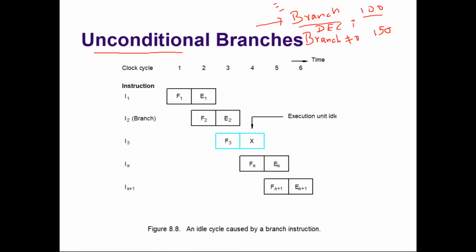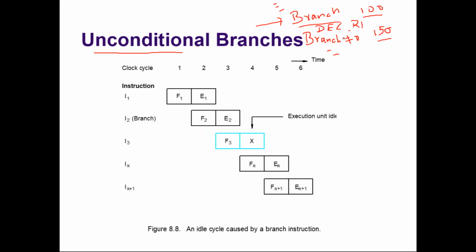After decrementing, if R1 is not equal to 0, then go to location 150, otherwise don't go. If R1 is 0, then the instruction that follows the branch will execute. This is just one example.